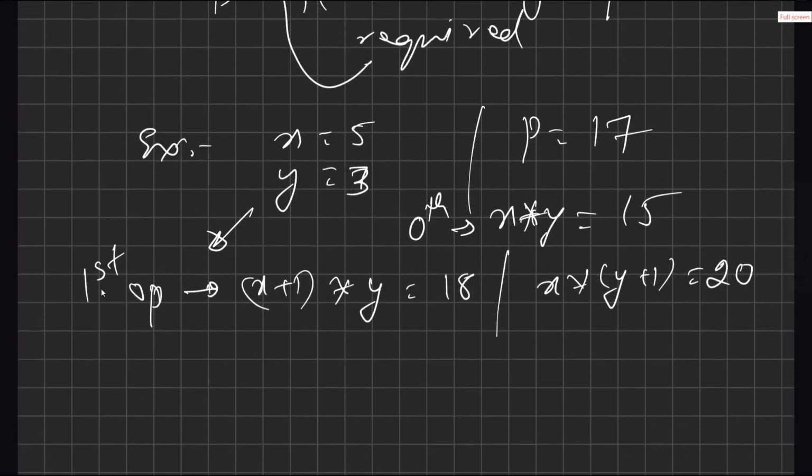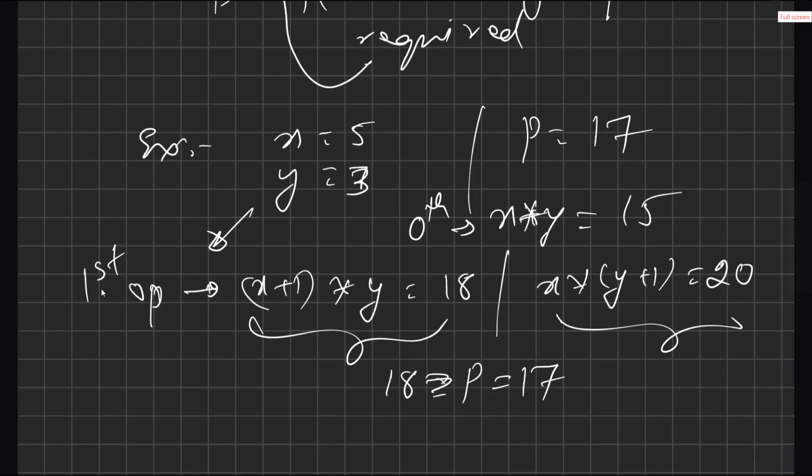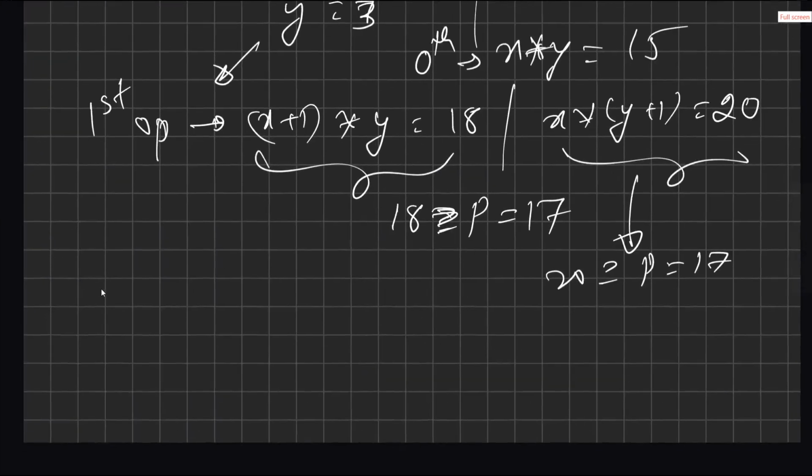Both operations lead to 18 being greater than or equal to p, which is 17, and similarly 20 is greater than or equal to 17. So here it doesn't matter.